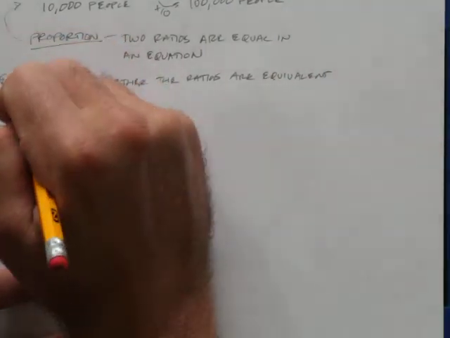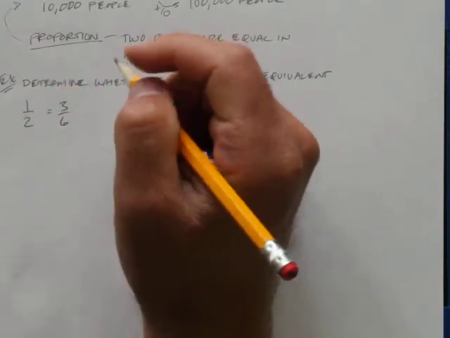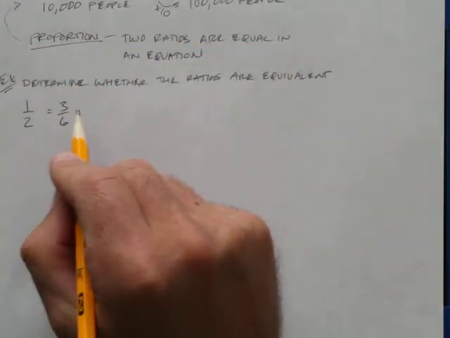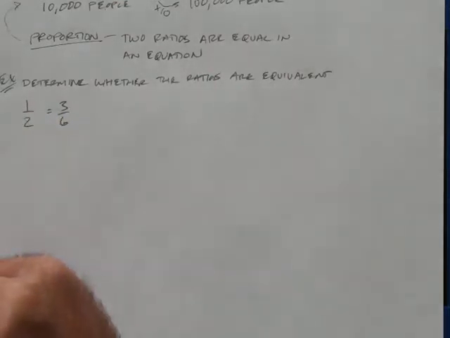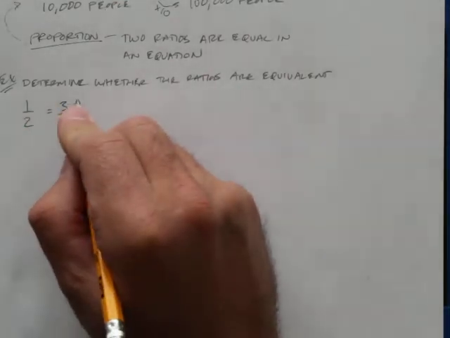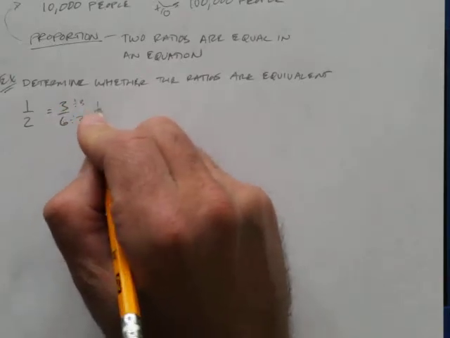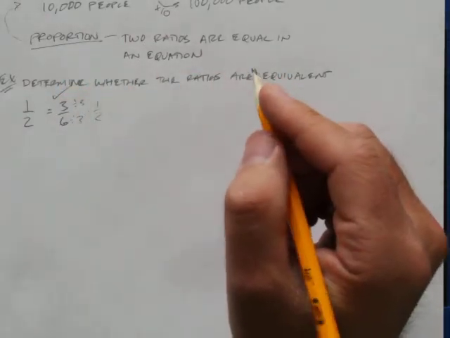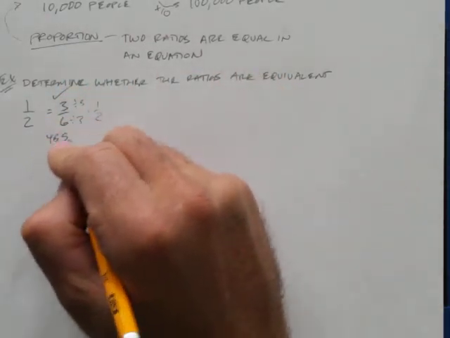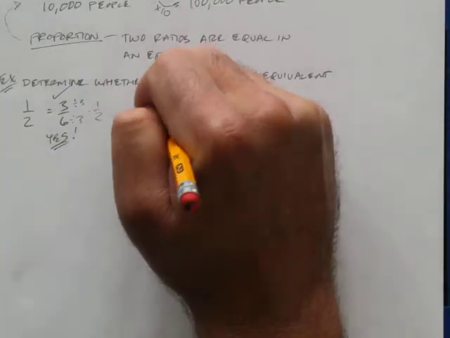All right, so 1/2 equals 3/6. Are these fractions, are these ratios equivalent? Well, let's see. I can divide the top and the bottom both by 3 for this one, and I end up with 1/2. So yes, boom. Yes, these two ratios are equivalent. This is a proportion.